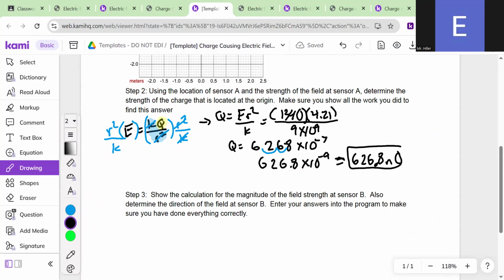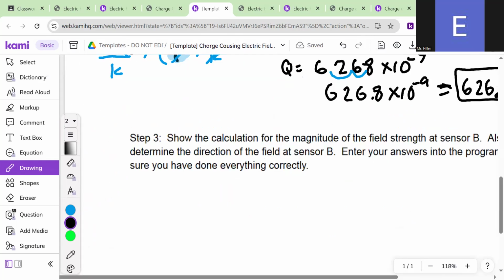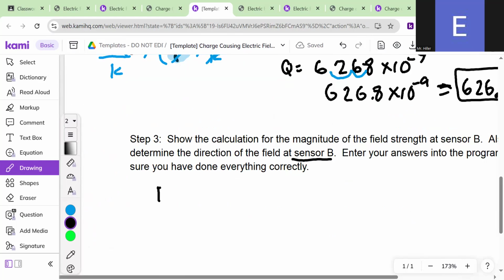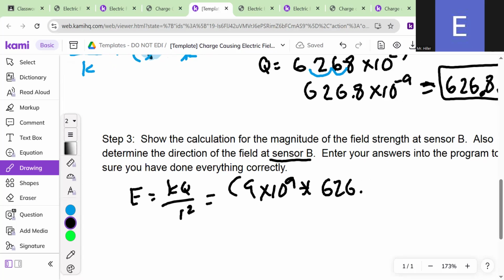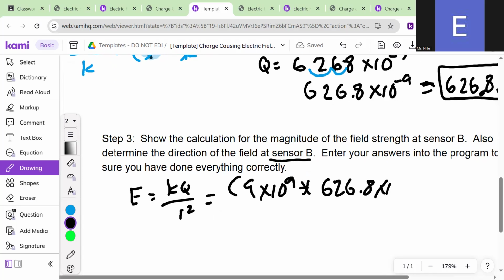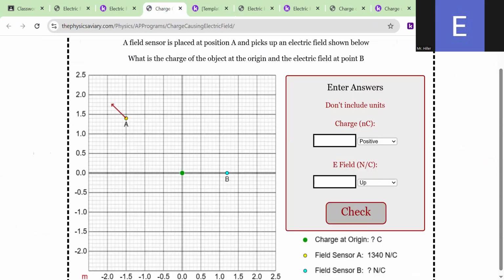Now, using that information, let's figure out the strength of the electric field at sensor B. Same equation, Q over R squared. Now we have Q. So it's 9 times 10 to the 9 times 626.8 times 10 to the negative 9 all over... You can see sensor B is located at 1.2 meters away.